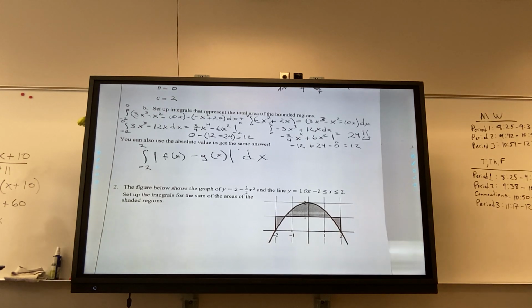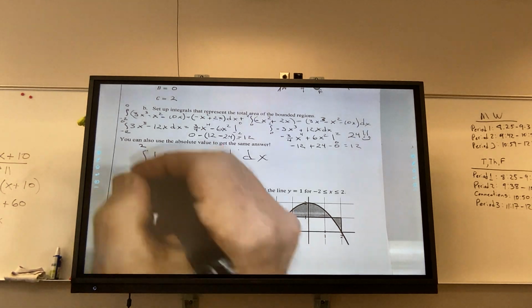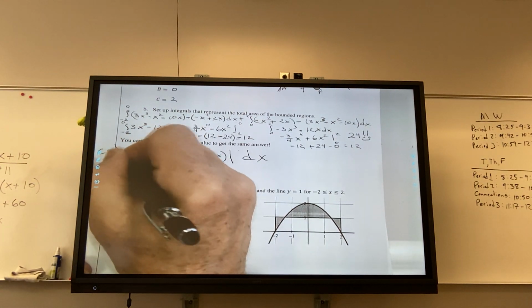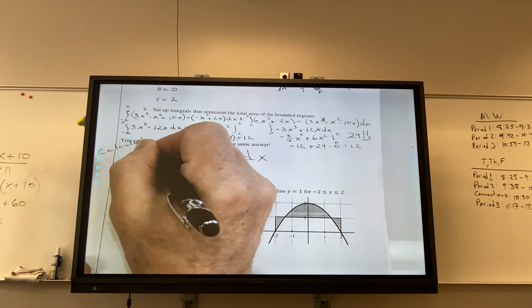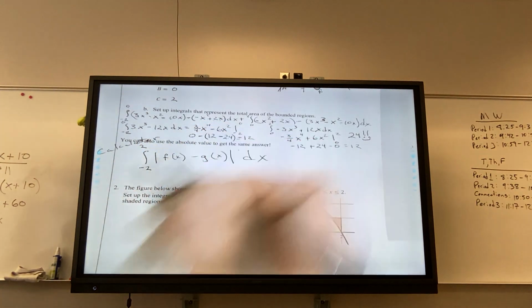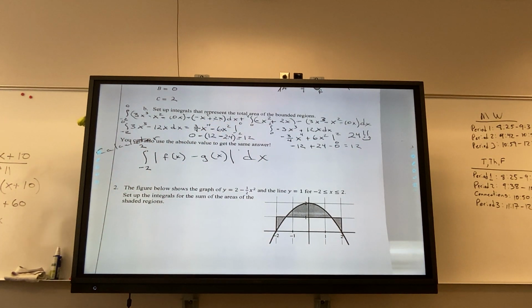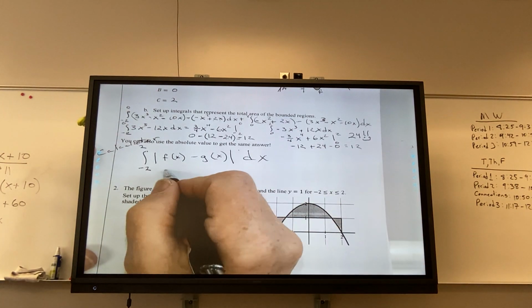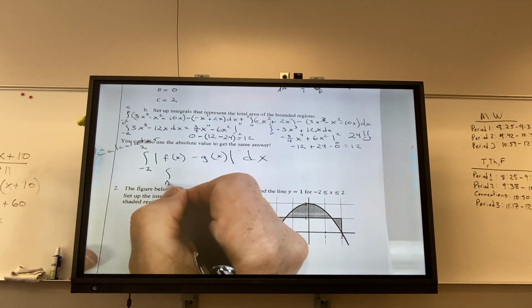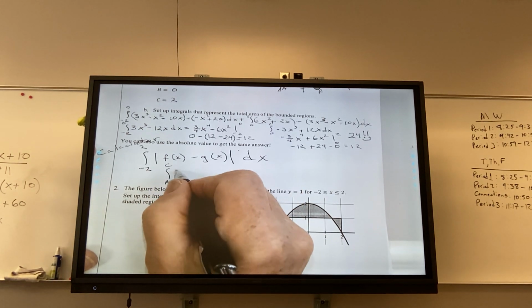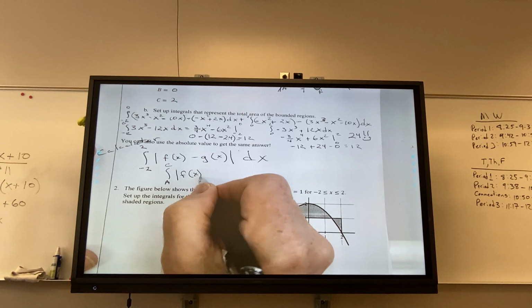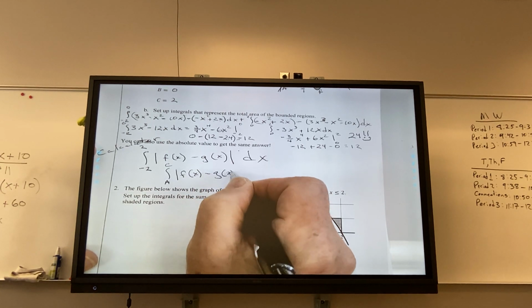Now, the reason I showed this is I think I need to do a better job of saying, okay, if you've got a calculator problem, of which I'm going to make this a calculator problem, what do I need to show to get credit? I have to show this. Does everybody understand that? I could have even said, hey, I'm going from A to C of the absolute value of f of x minus g of x.